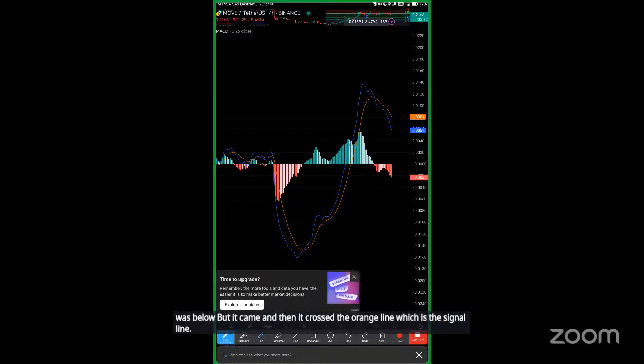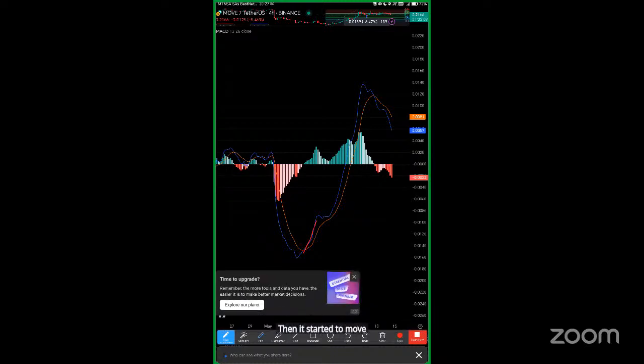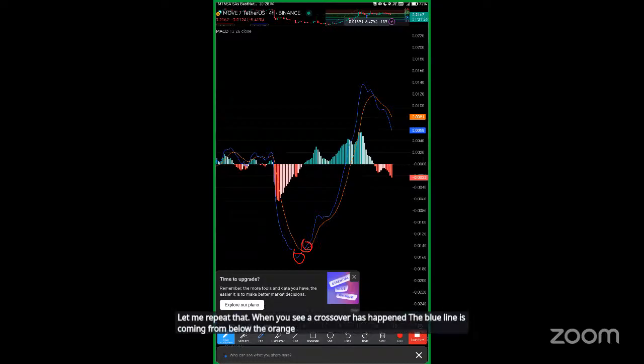Then it started to move above the signal line. So when the MACD line crosses the orange line and starts moving above it, it means the market on top here, the price, is rising. Let me repeat that. When you see a crossover has happened, the blue line is coming from below the orange, and then it crosses.